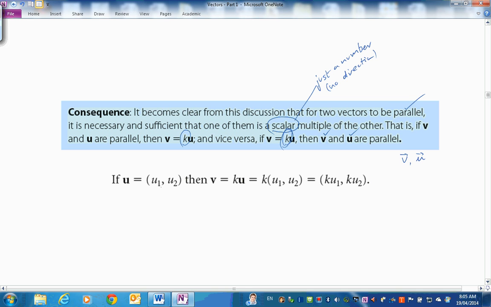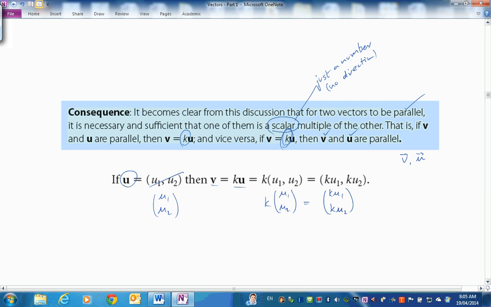So what would we say here? Again, this is a vector, so we should put U1, U2. Then V equals KU means it is K lots of that vector, which means you've gone k times as far in the x and k times as far in the y.